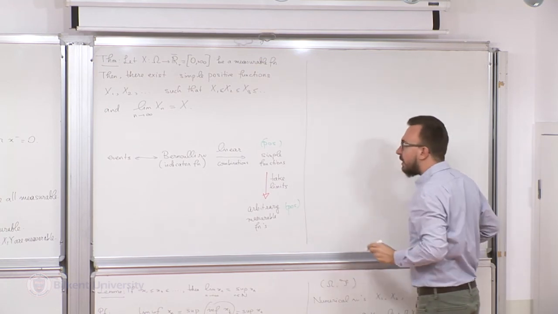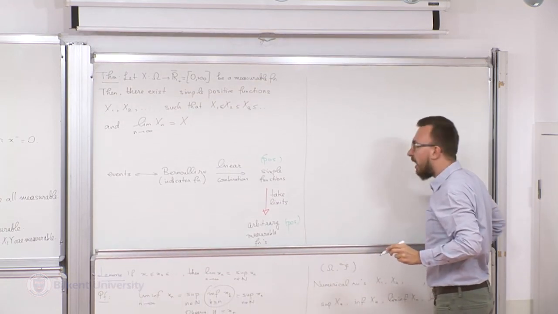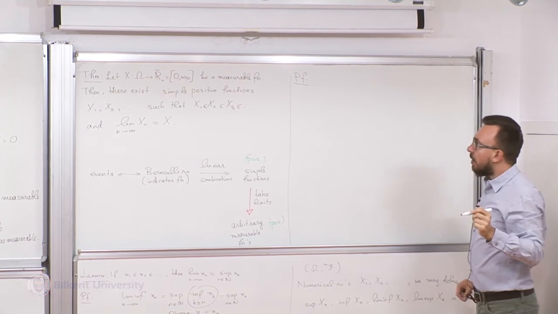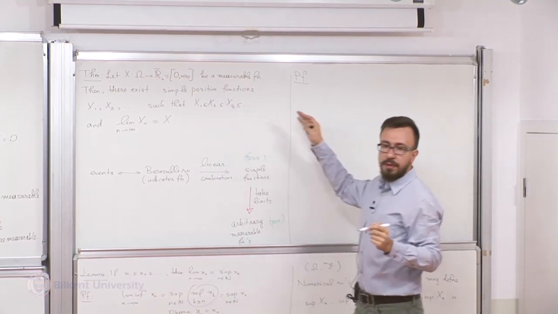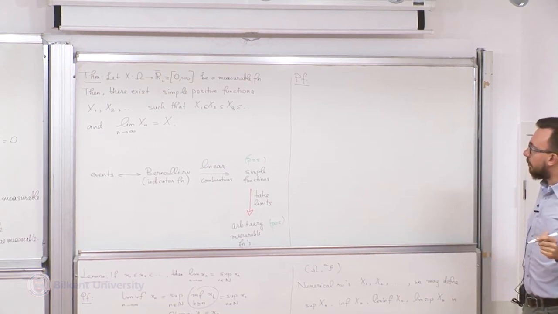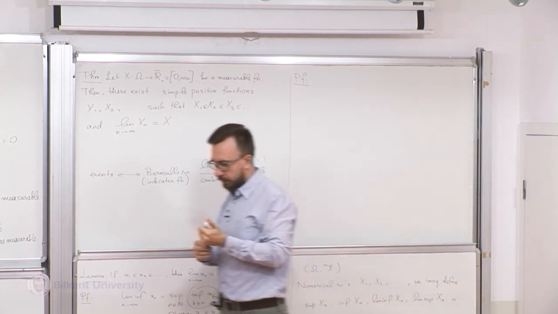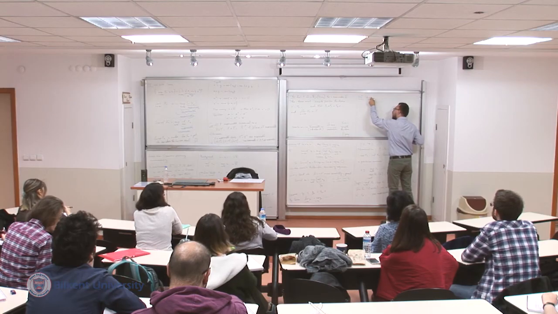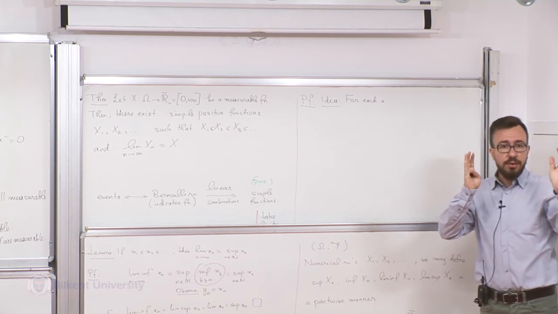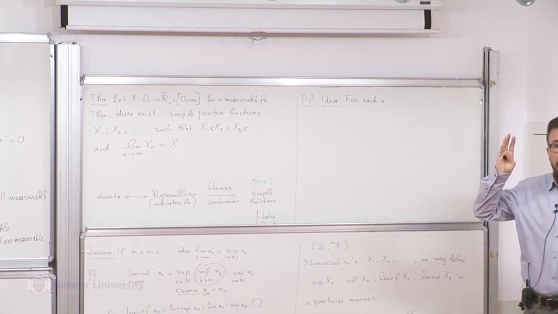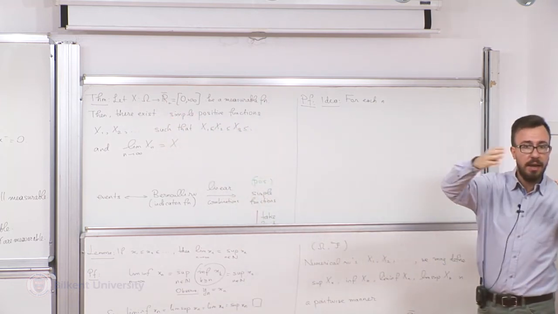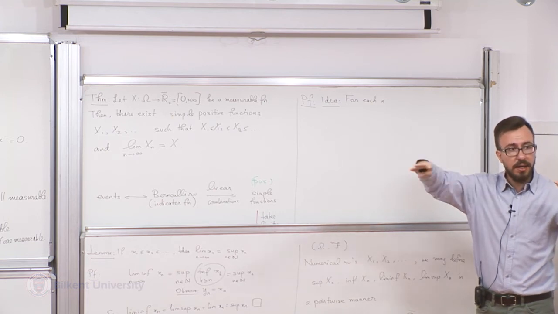So let's try to approximate an arbitrary positive measurable function using an increasing sequence of simple positive functions. So for each n, what we're going to do is to approximate the values of X only between 0 and n, and ignore the rest, okay?